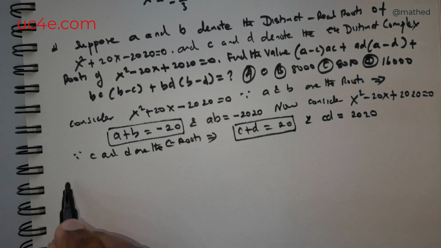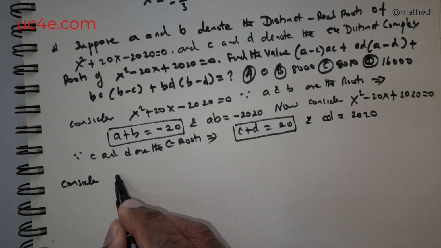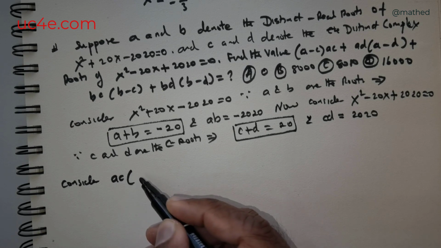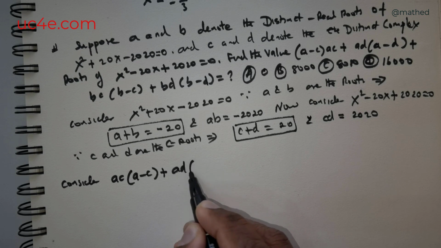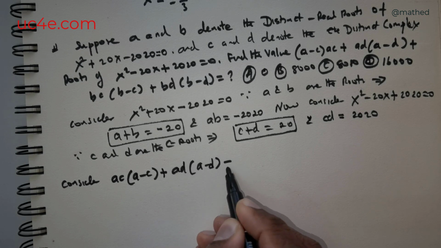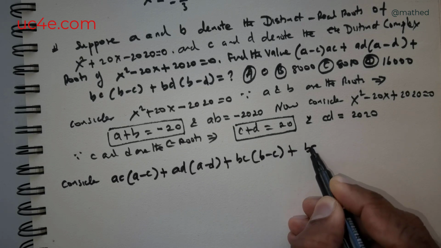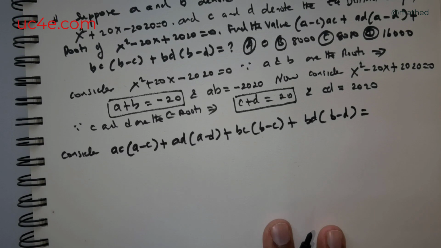Now we are expected to find the value. So consider the given expression. I'm writing it in this fashion: AC(A - C) + AD(A - D) + BC(B - C) + BD(B - D), right?